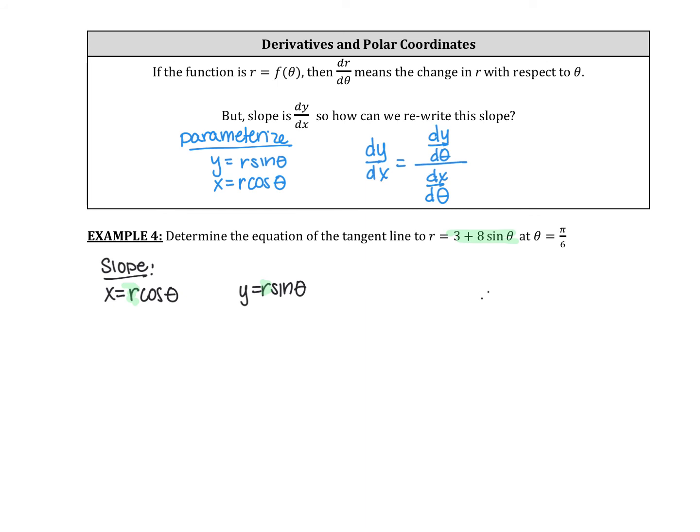In doing this, what you're going to see is we're going to get an equation that is only in terms of x and theta, or is only in terms of y and theta.